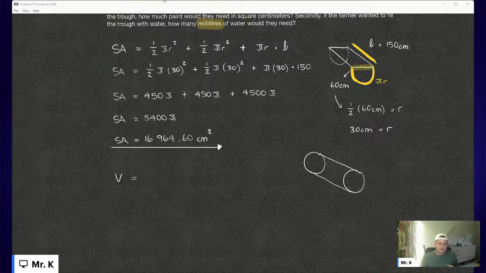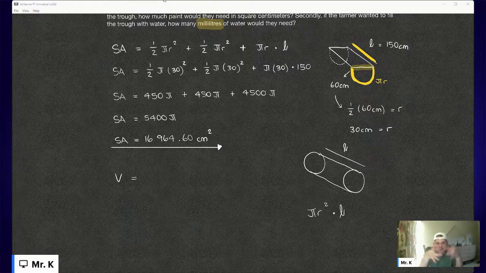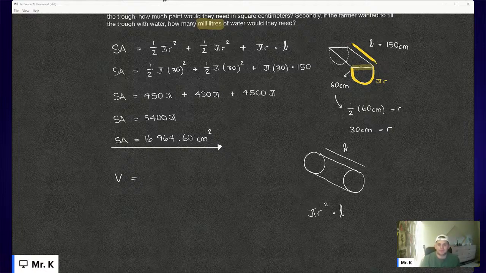If I imagine this as a tall cylinder, like a Pringles can, if I can find the area of the circle, pi r squared, and I multiply this by the length of my cylinder, it's as though I take these circles and I stack many circles on top of one another to help me find the full volume.